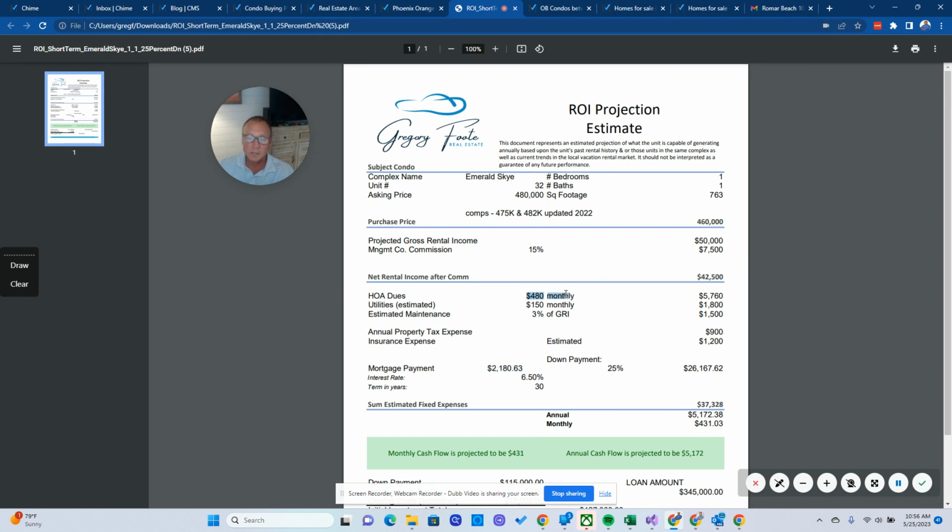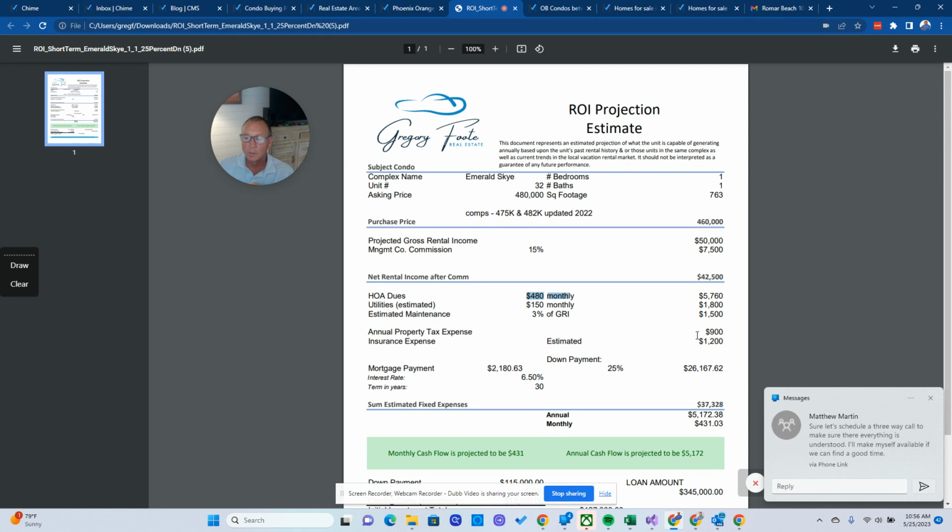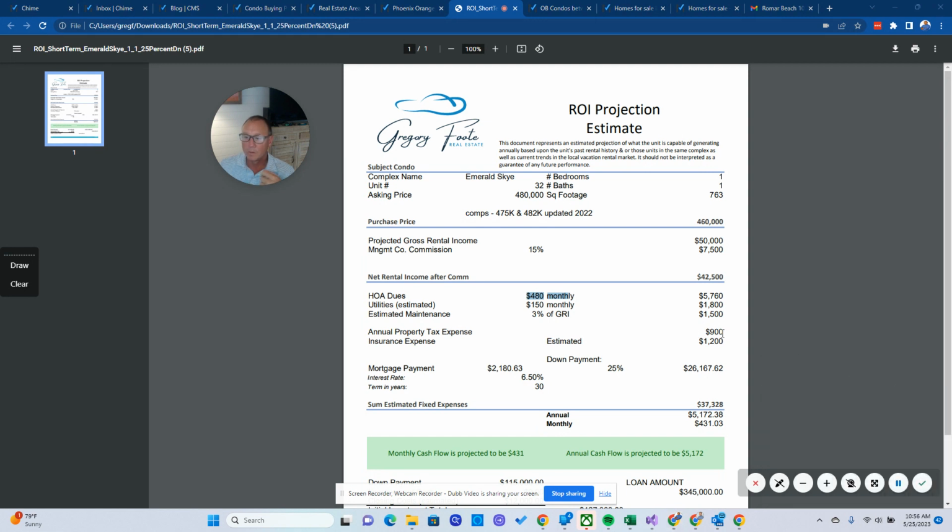Changing the HOA, all these things are going to modify the spreadsheet, and it's going to recalculate. So the net real income is going to be the basis for deciding or determining whether or not this unit makes financial sense.